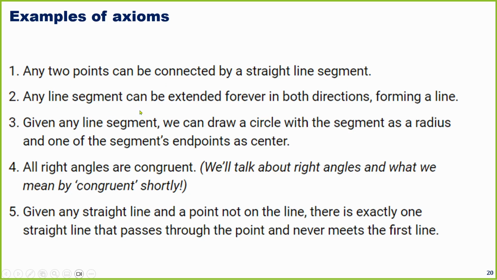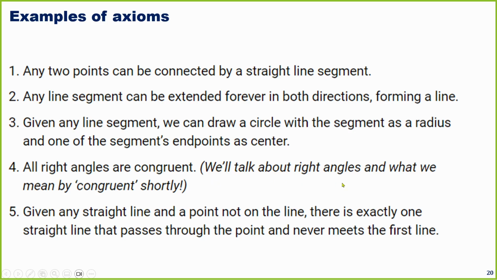Second, any line segment can be extended forever in both directions, forming a line. And given any line segment, you can draw a circle with the segment as a radius and one of the segment endpoints as center. And of course, all right angles are congruent.